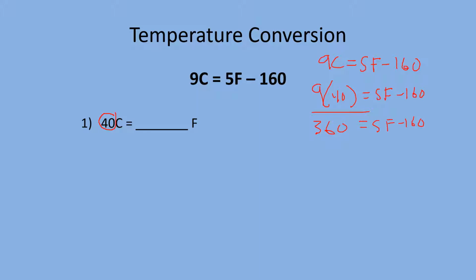Then to get F by itself, we've got to add 160 to this side, which means we've got to add 160 to the other side. So this becomes 5F. Yep, 520. And then to get F by itself, we divide both sides by 5. 104.